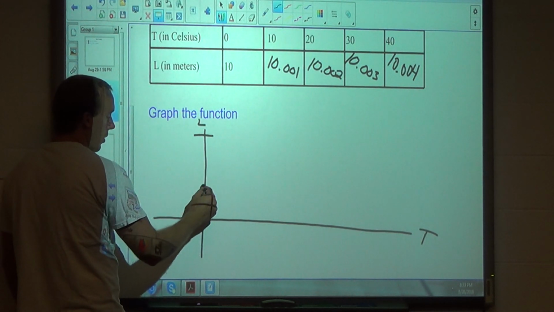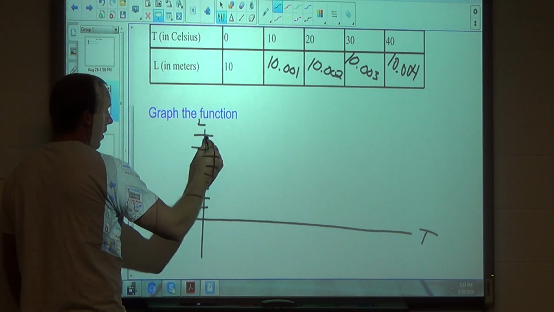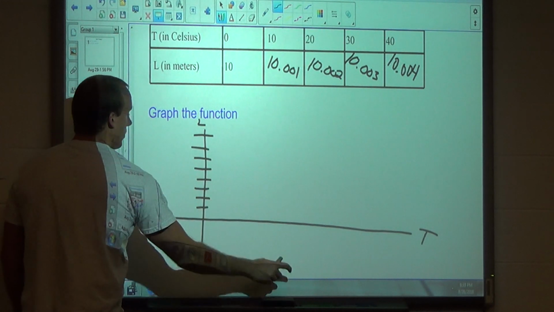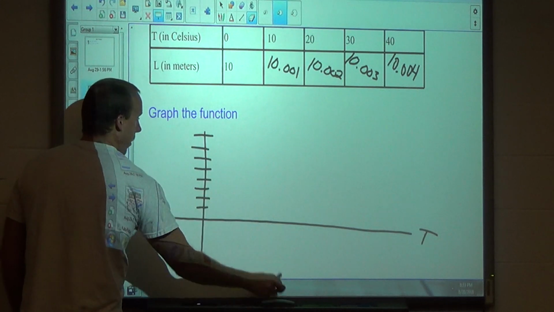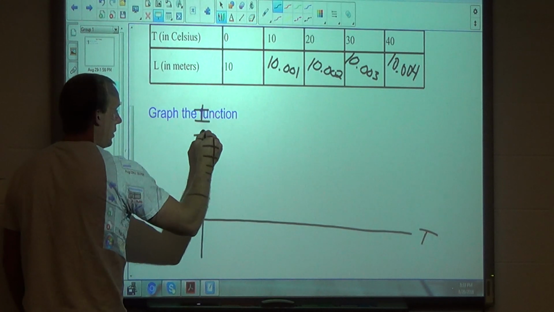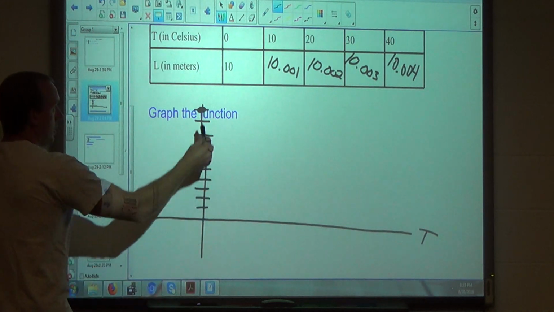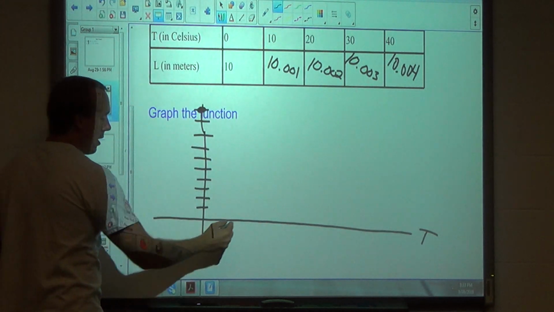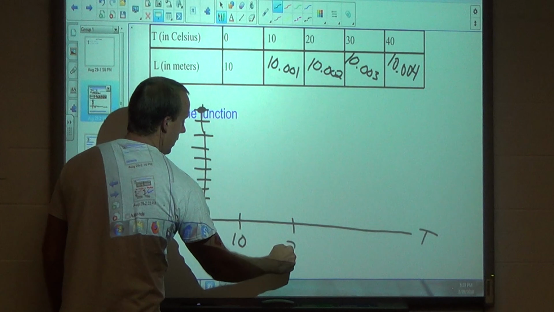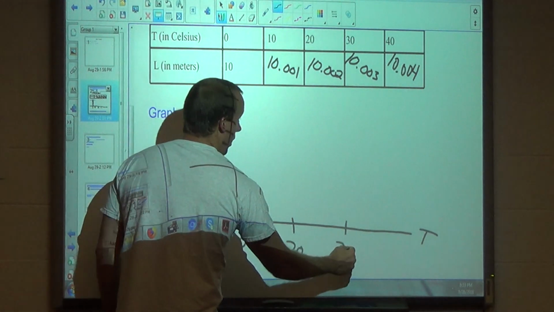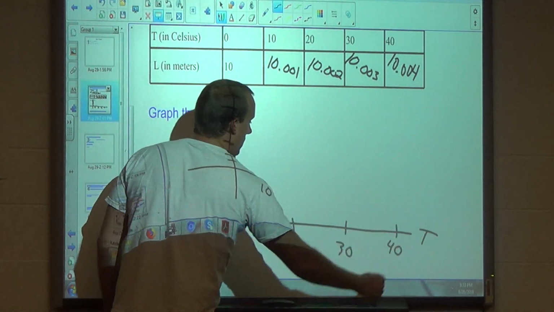So 1, 2, 3, 4, 5, 6, 7, 8, 9, 10. So I put my plot here, and at 0, 10, my point would be here. And we can call this 10 degrees, 20 degrees, 30, and 40.